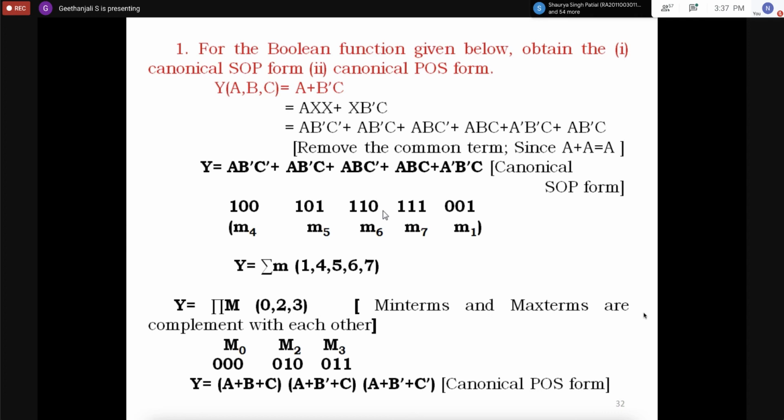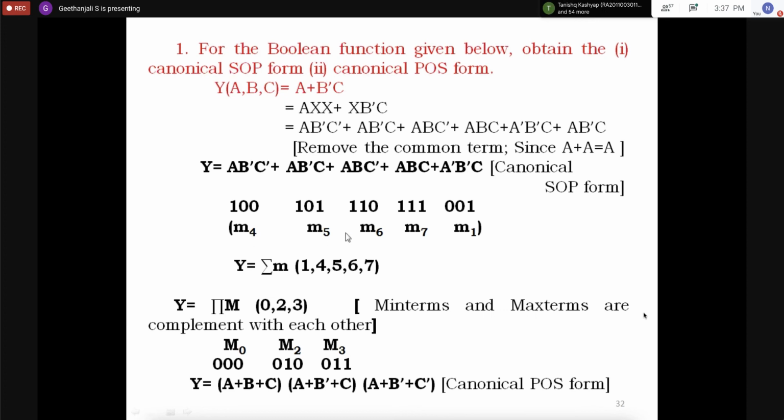Remove the common terms and say n plus a is equal to a. The remaining terms give the canonical SOP form. Write the values using the 4-to-1 code.